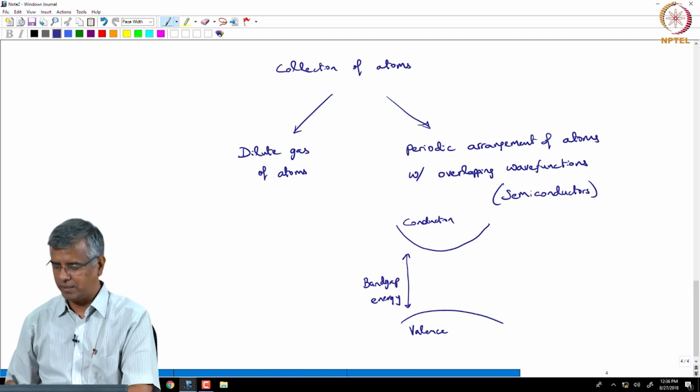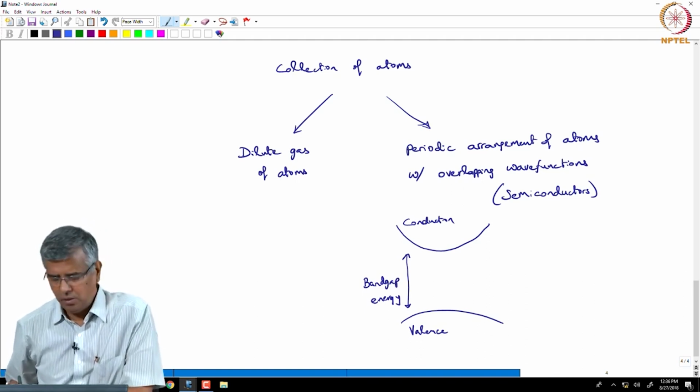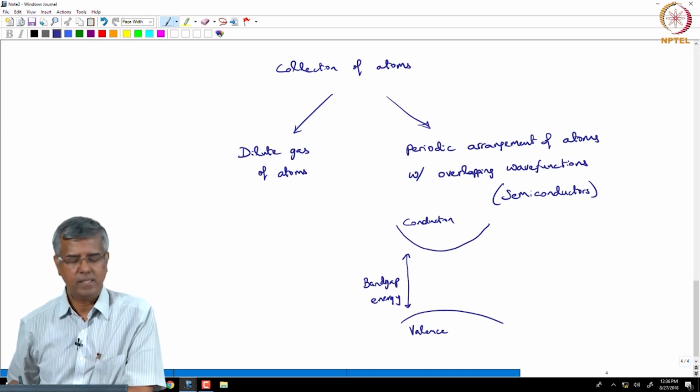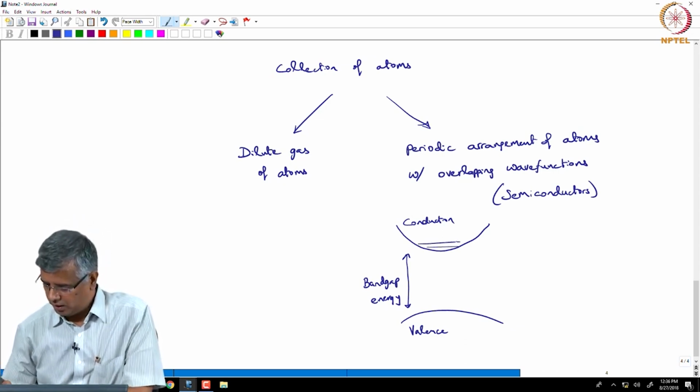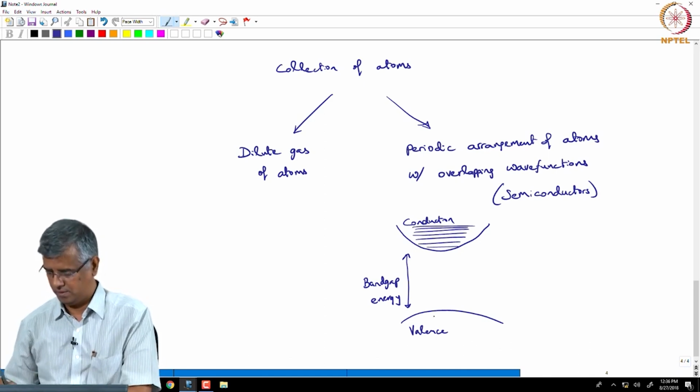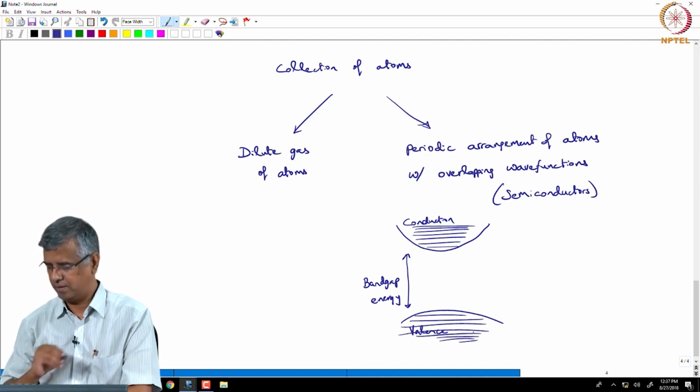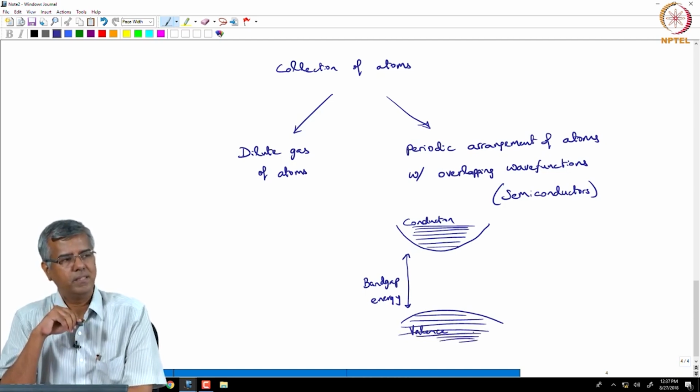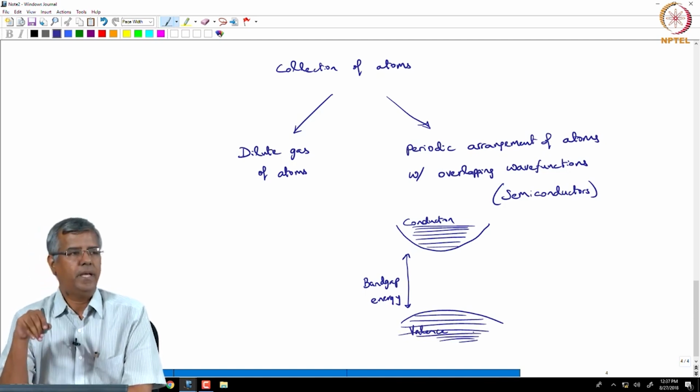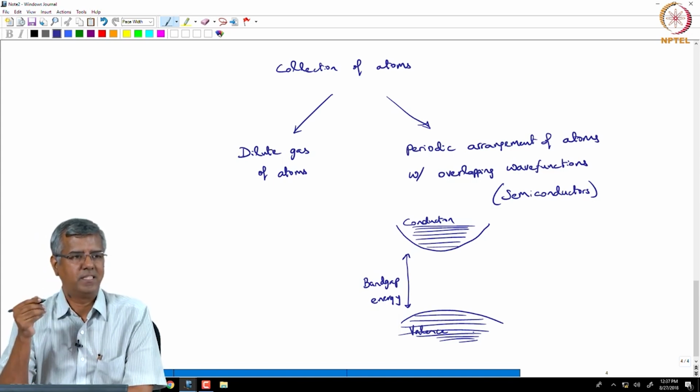So, it turns out that when you look at the probability of an electron occupying one of these energy levels, this cannot be described by Boltzmann statistics.